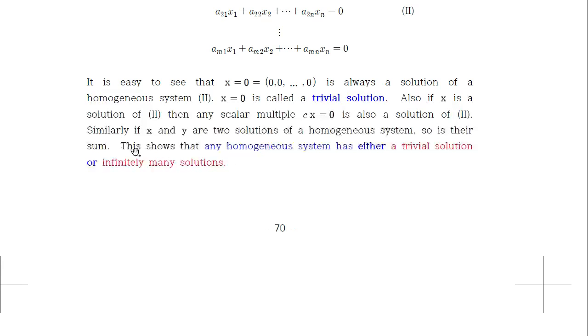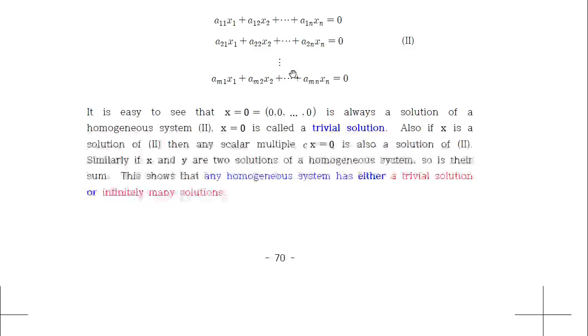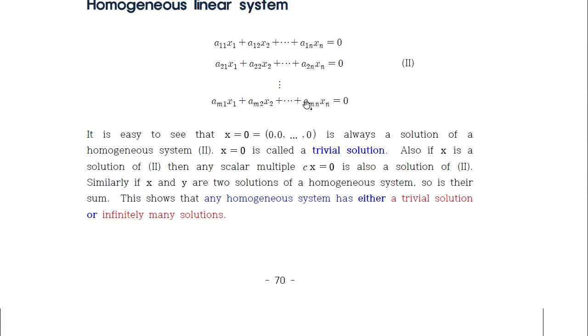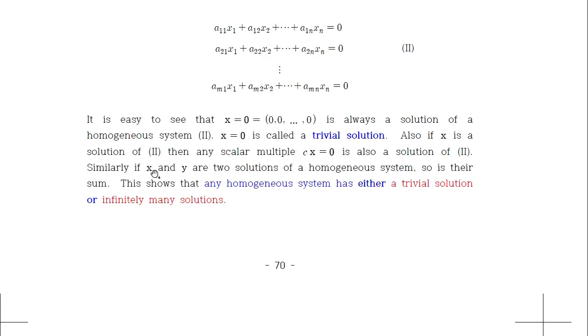An interesting fact is that in a homogeneous system of equations, if you have two distinct solutions, then any linear combination of them is also a solution. Which means if we find two solutions for the homogeneous linear system, you always have infinitely many solutions.